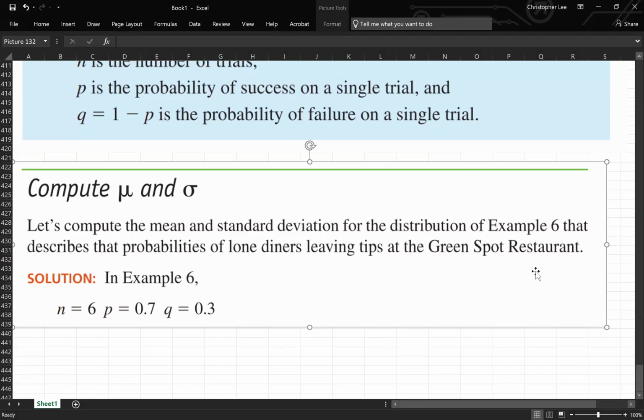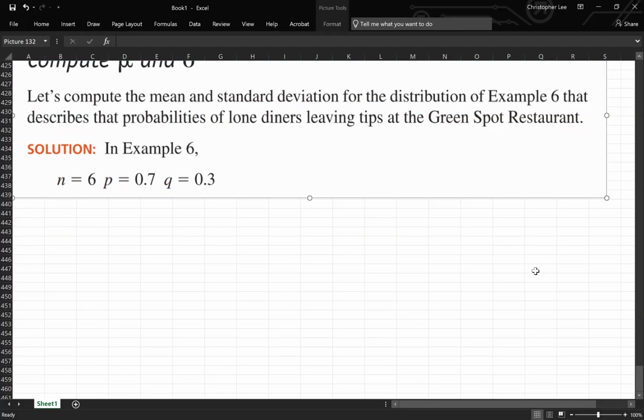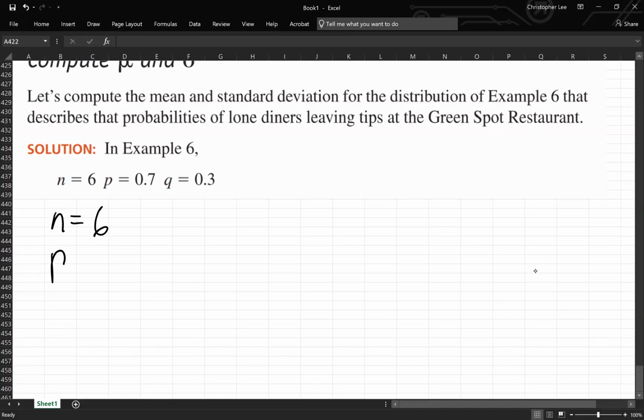Let's compute the mean and the standard deviation for the distribution in Example 6 that describes the probability of lone diners leaving tips at the Green Spot restaurant. So my n is 6. My probability of success is equal to 0.7, and my probability of failure is 1 minus the probability of success, which is 1 minus 0.7, which is what? All right, so it's going to be 0.3.